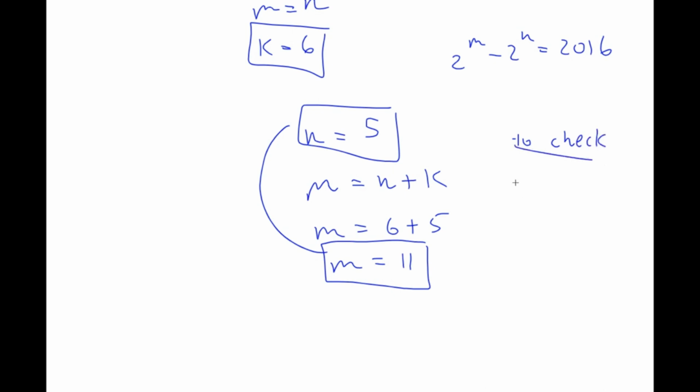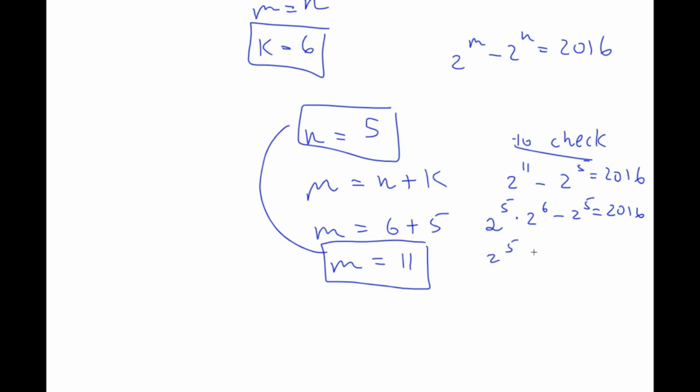So m is 11, so we have 2 to the power of 11 minus 2 to the power of n, which is 5, is equal to 2016. Now, 2 to the power of 11, I'm going to go ahead and rewrite that as 2 to the power of 5 times 2 to the power of 6. So now I have this minus 2 to the power of 5, which is 2016.